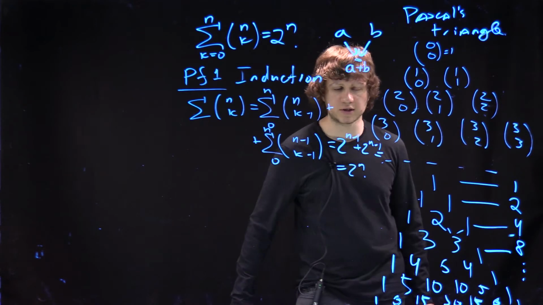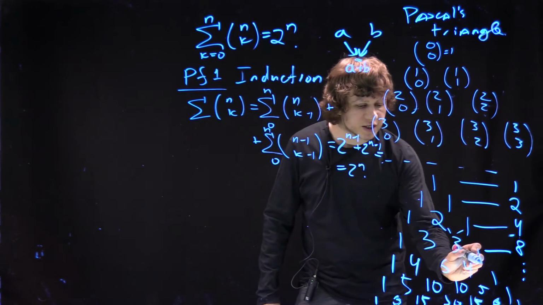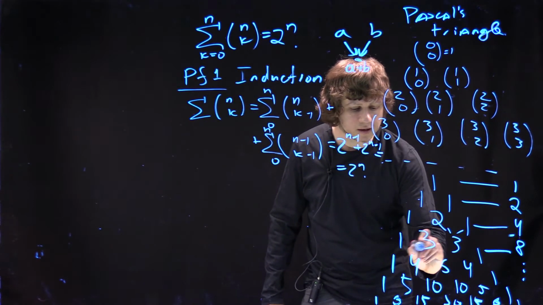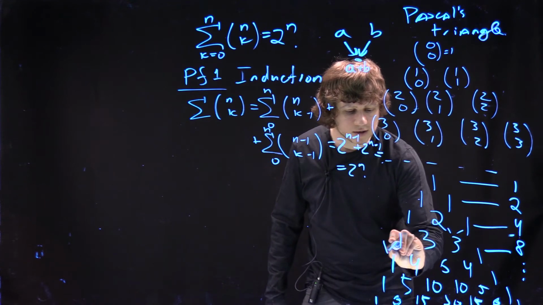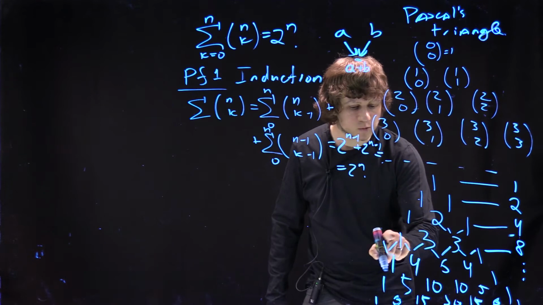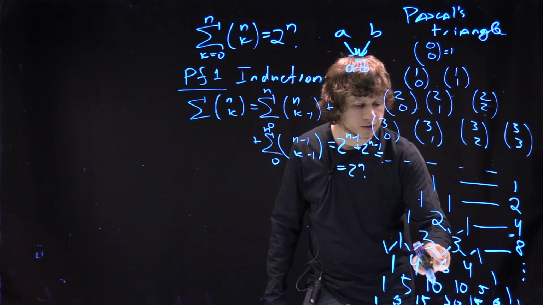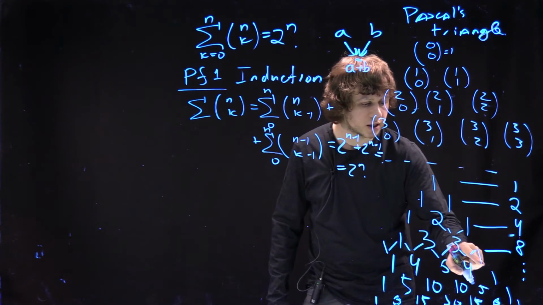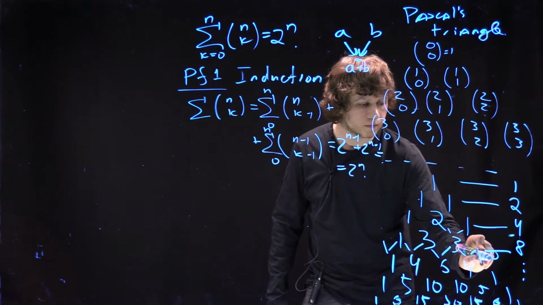You can look at the picture instead. We know that every element here is a sum of elements to the left and to the right. For instance, 1 is 1 plus 0, 4 is 1 plus 3, 6 is 3 plus 3, 4 is 3 plus 1, 1 is 1 plus 0.